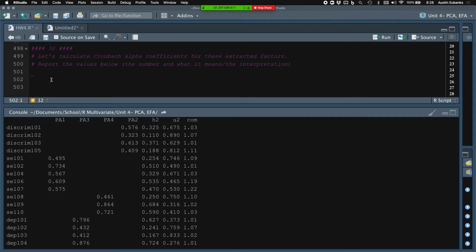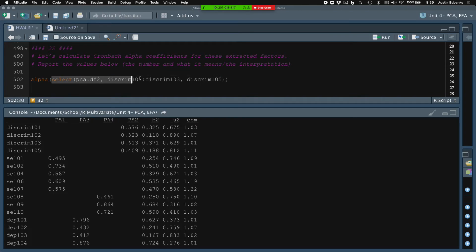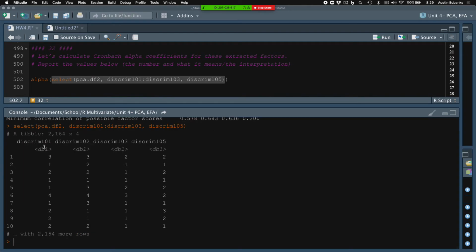So we'll use the alpha function from the psych package, and all we're going to do, we'll select from PCA DF2. We're just going to select Descrim 101 through 103 and 105. Just as a reminder of what that select function is doing, all it's doing is pulling out those 4 variables.